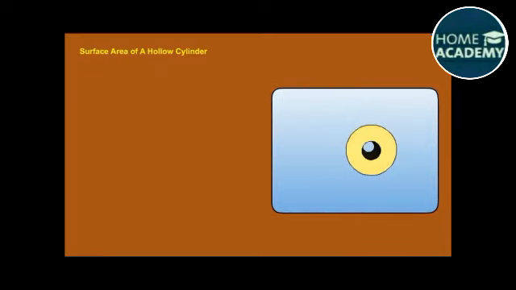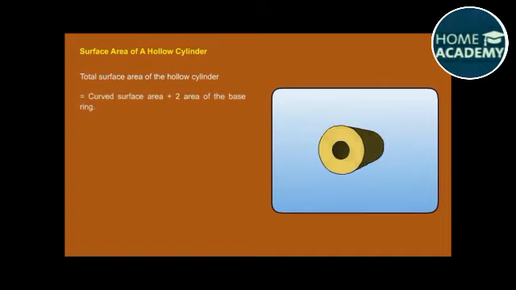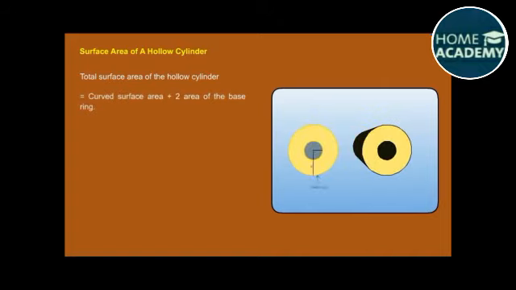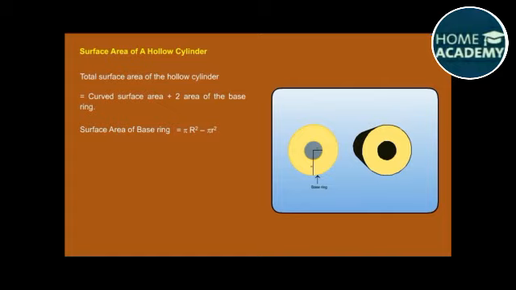Surface area of a hollow cylinder. Total surface area of the hollow cylinder equals curved surface area plus 2 area of the base ring. Surface area of base ring equals pi capital R square minus pi small r square.